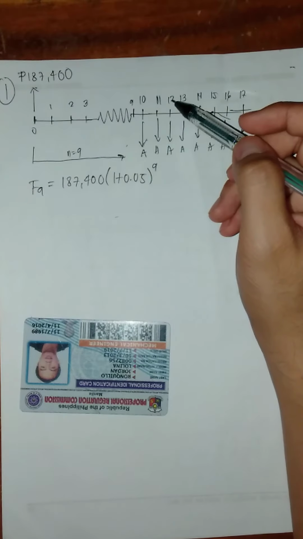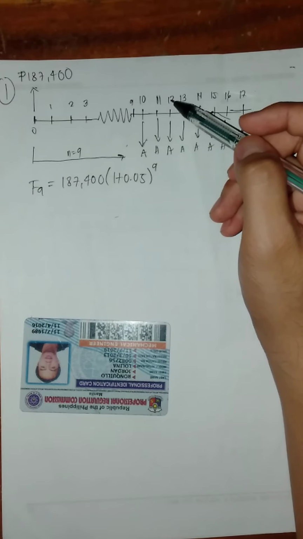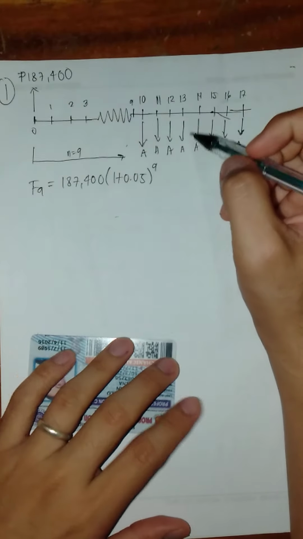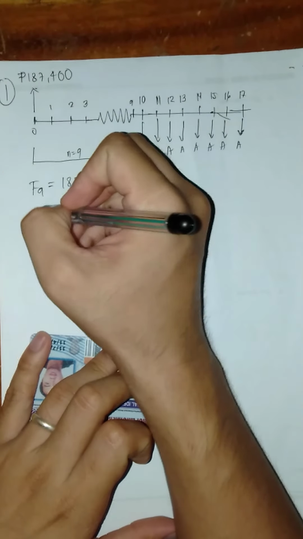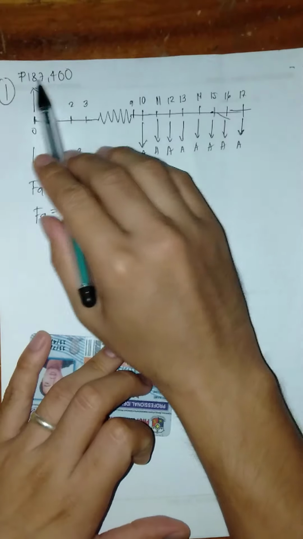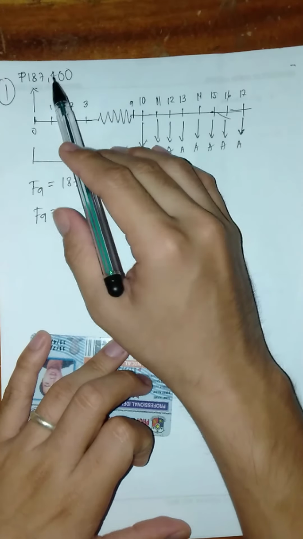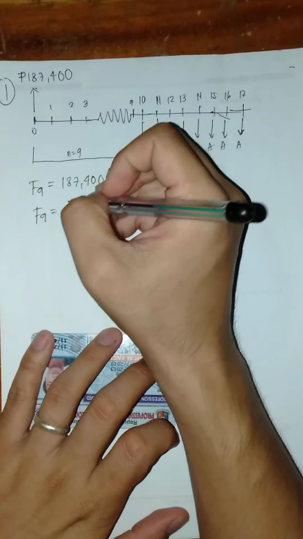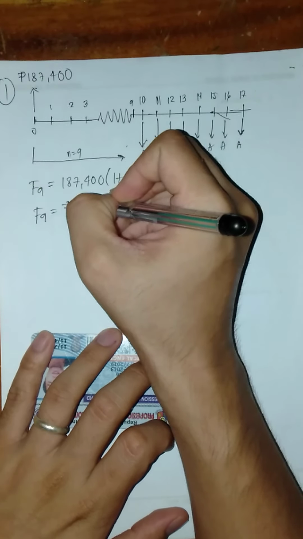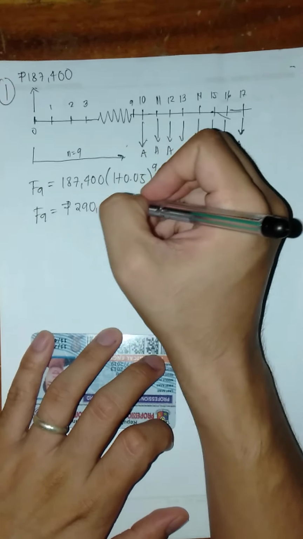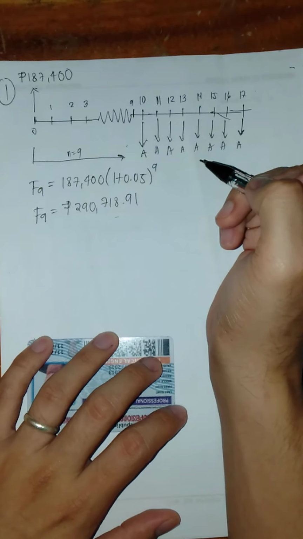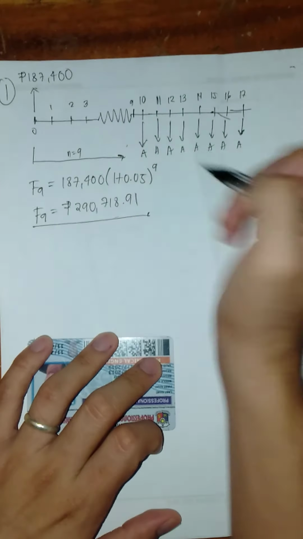So, if you're gonna remember what I told you, annuity is also a form of compound interest. Ayan. So, now, solving for your amount on the 9th year. So, pinroject natin to. The amount of 187,000 at the 9th year. So, using your calculators na lang. This is 290,718.91 pesos. Okay? This is your amount on the 9th year.